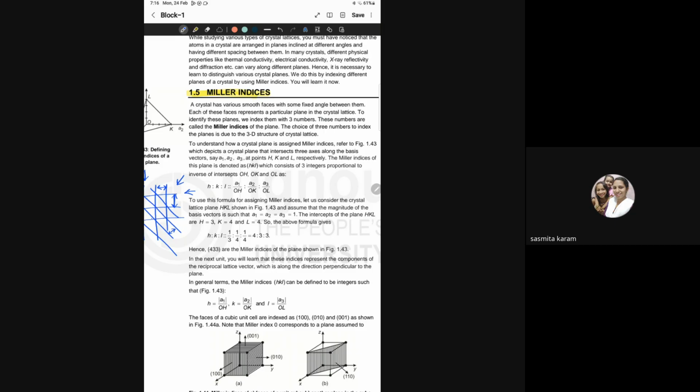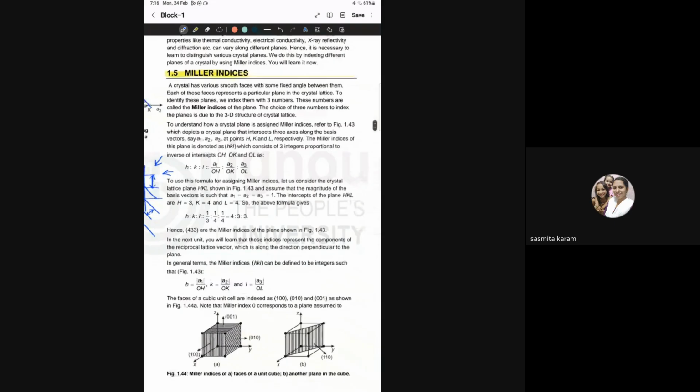To understand how a crystal plane is assigned a Miller index, refer to figure 1.43. Let us try to understand what is in figure 1.43. We have a plane, HKL, let's say this is our plane.